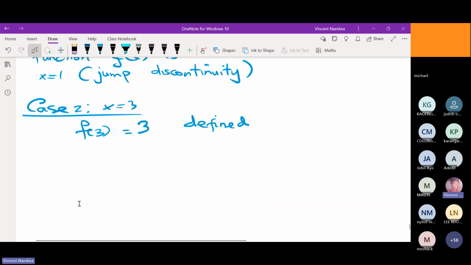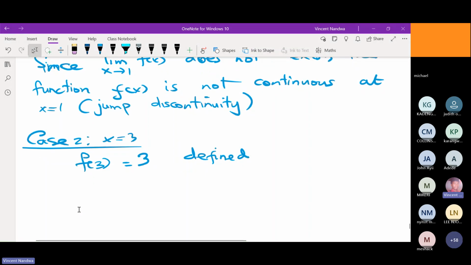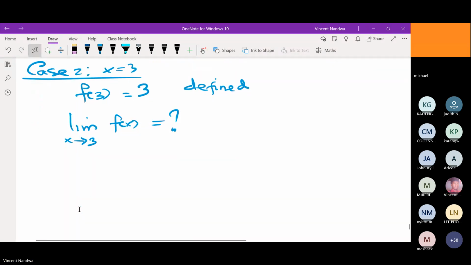Now, let's get the limit as x approaches 3. So limit of f of x as x approaches 3. Now, because the function is piecewise defined, you have to compute the two-sided limits and check whether they give you the same value to conclude the value of the limit as x approaches 3.